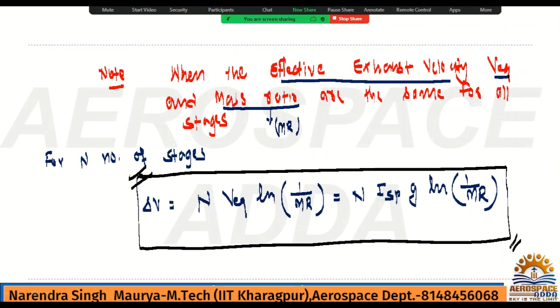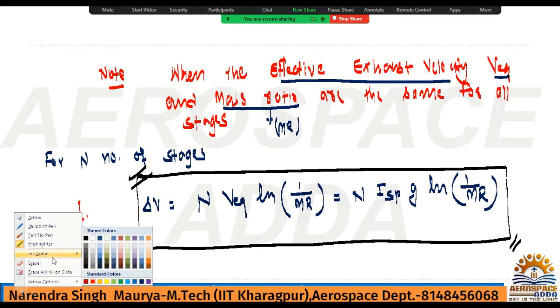This is point 1, and what is the second point? If this happens, then you need to write the overall payload ratio.